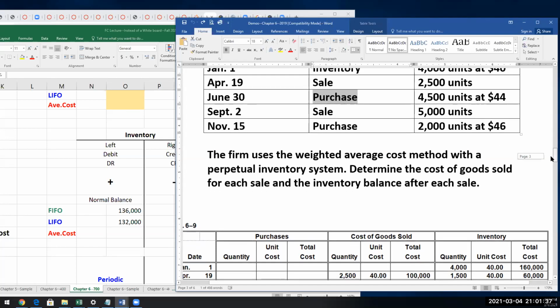We haven't had anything new to change. So we're going to sell 25 of the 4,000, and it's $40 each. So this 100 grand means that there is 60 left because out of 160, you sold 100 grand of it. There's 60 left. So these 6 numbers didn't change from FIFO or LIFO just because of the scenario.